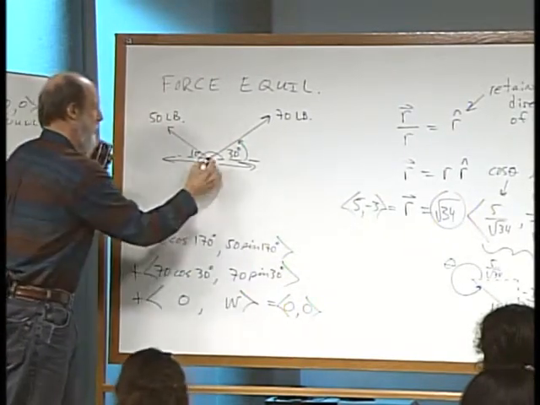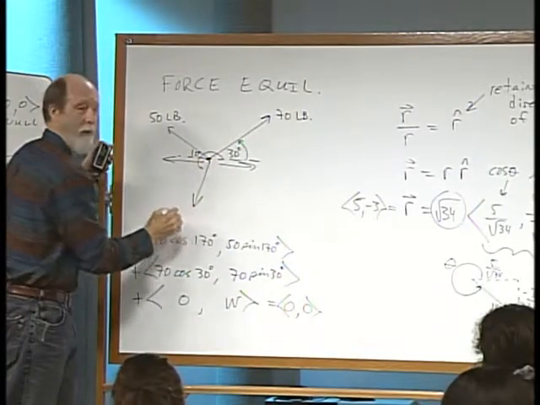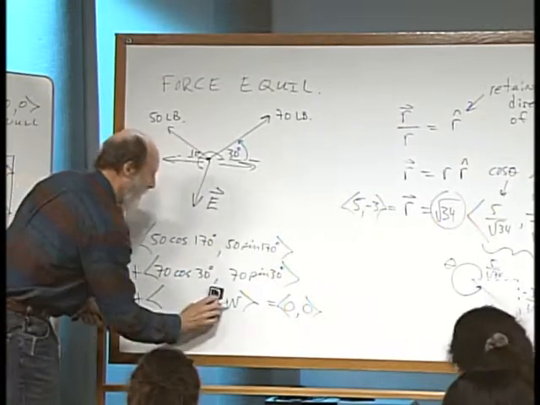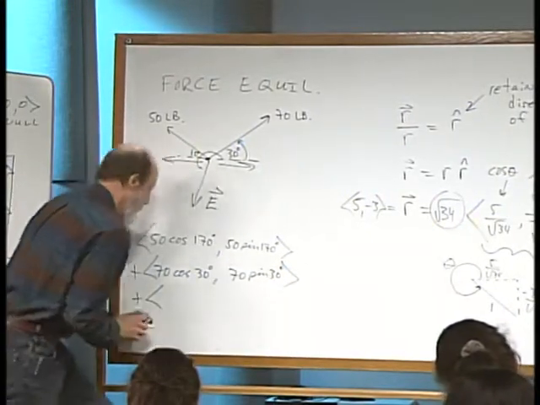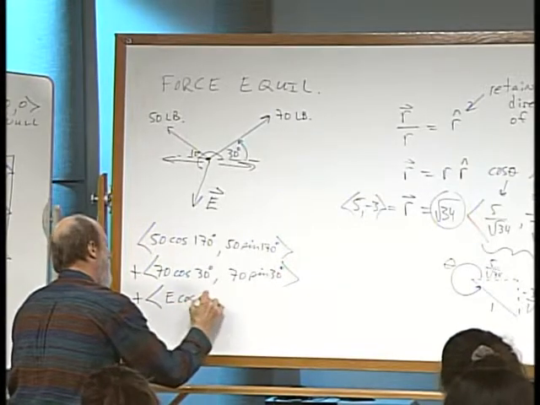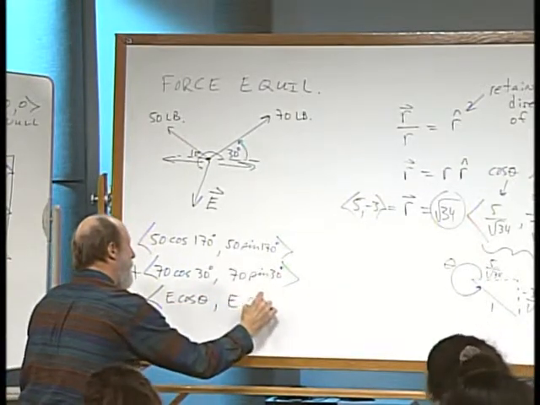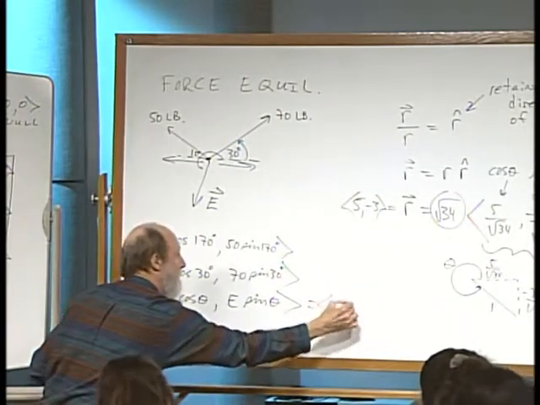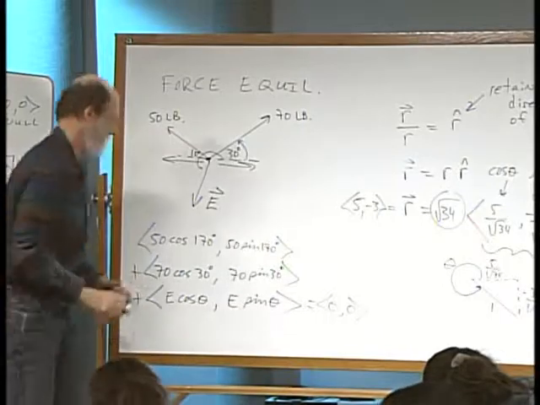So it's going to be at some direction like this, right? Let's call it a vector E. And so there's going to be something hanging right here, E cosine some theta and E sine some theta, and that mess must equal 0 as a vector.